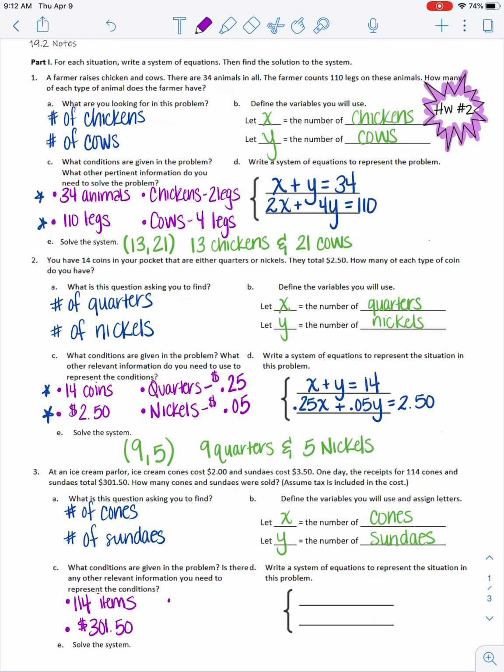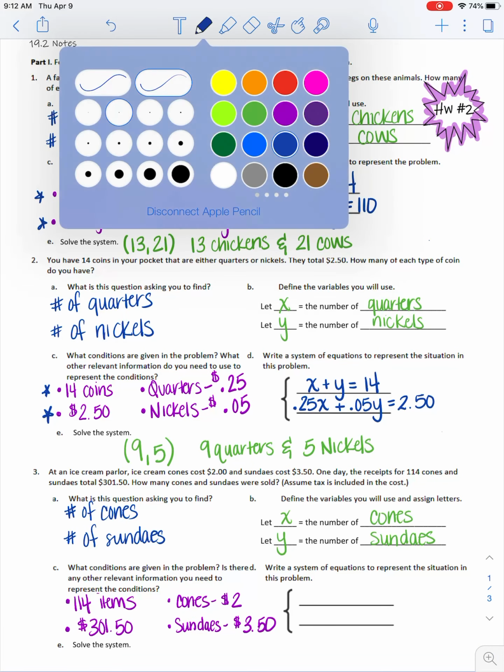And we're also told that cones are $2 and sundaes are $3.50.